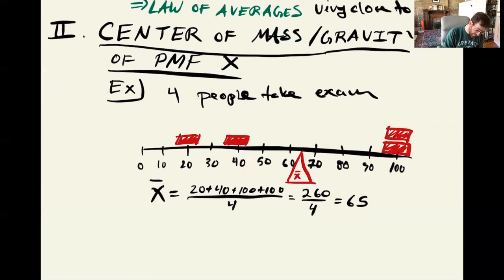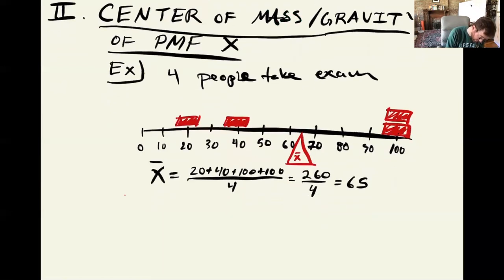What happens if I remove, let's say, 40? Then what would I get? I would get a new calculation for X bar.